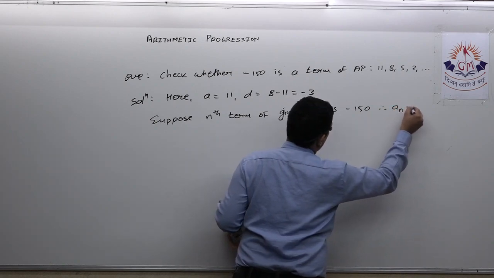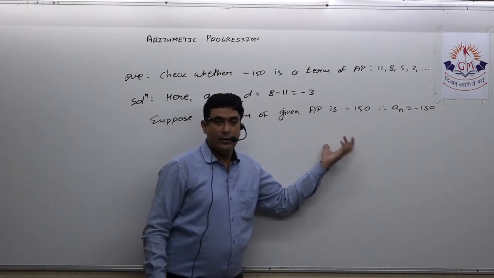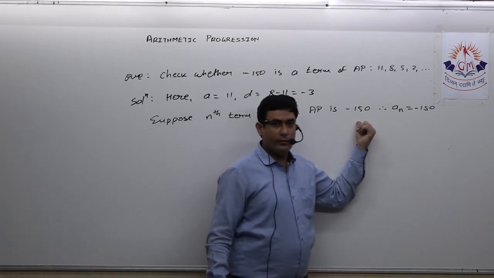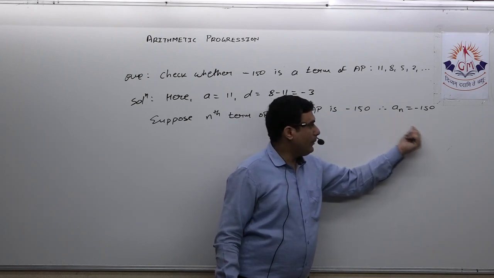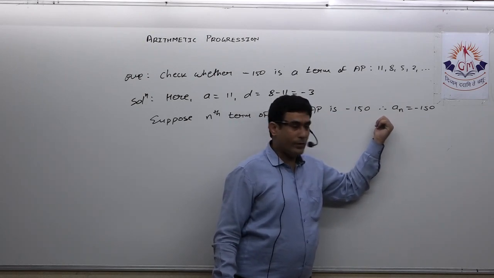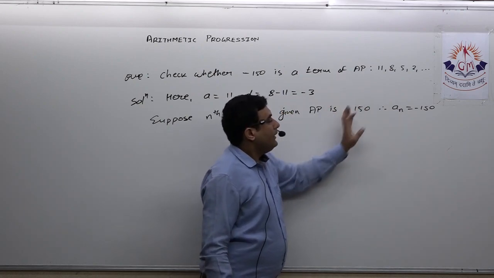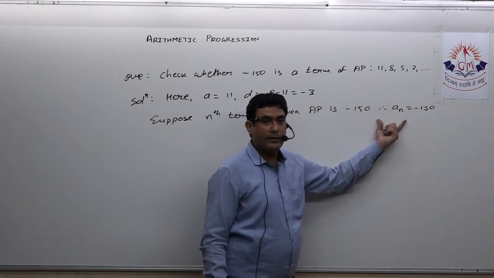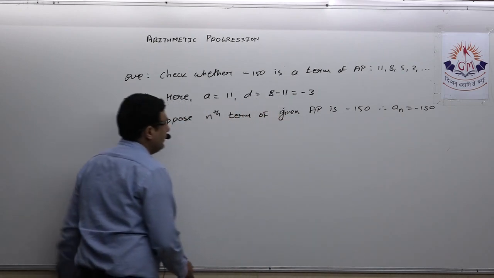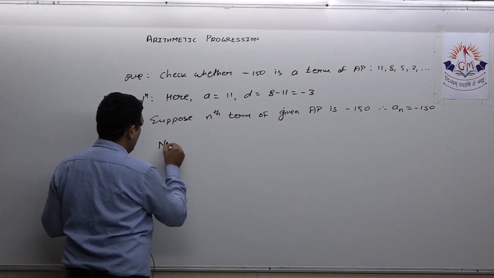Therefore, I can write an equal to minus 150. If I am assuming the third term is minus 150, that means the value of the third term is this. If I am assuming the 17th term of the AP is minus 150, that means the value of the 17th term is minus 150. Here I am assuming the nth term of the AP is minus 150, that means the value of the nth term must be minus 150. So now we'll apply the formula.